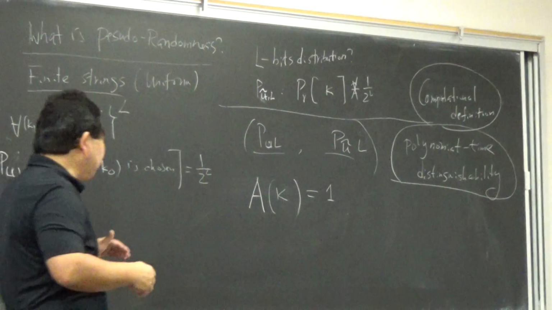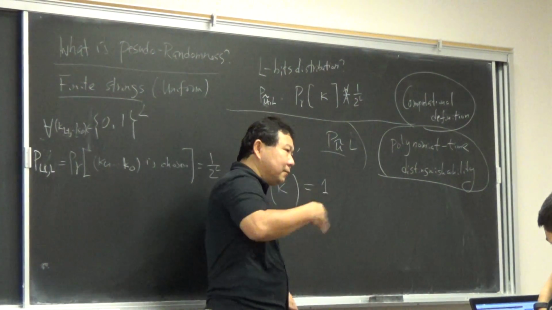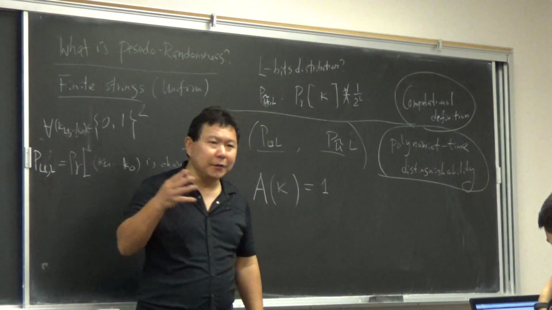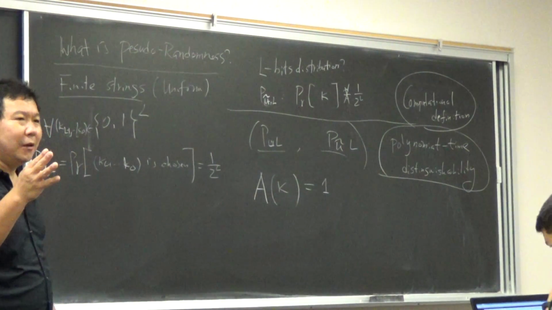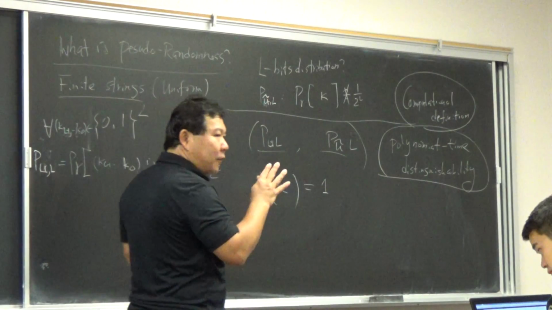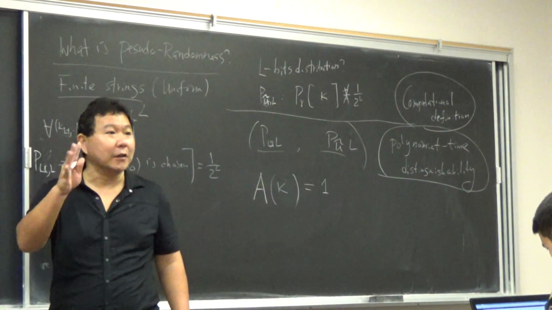Right? So you yourself try to analyze this sequence, and eventually you say, this is highly likely drawn from the uniform distribution, or is highly likely drawn from the slightly flawed distribution.